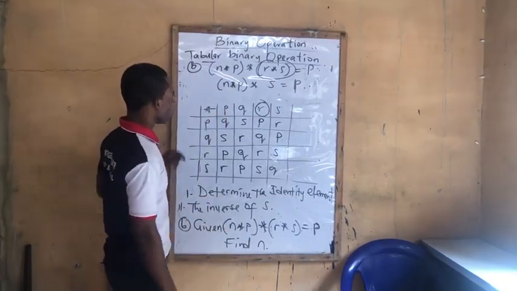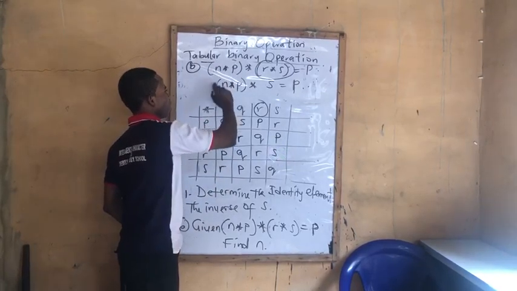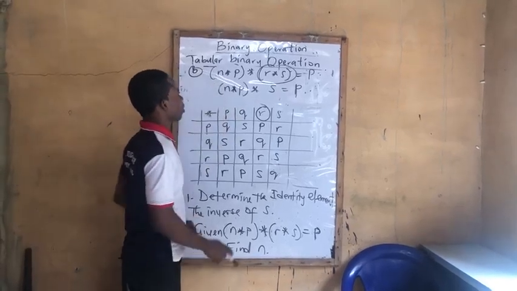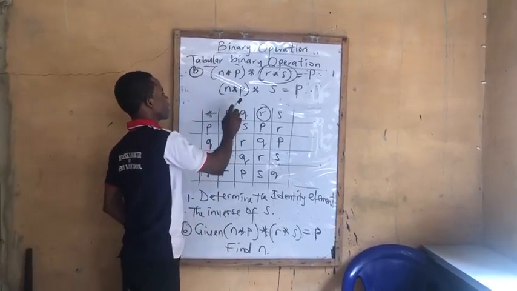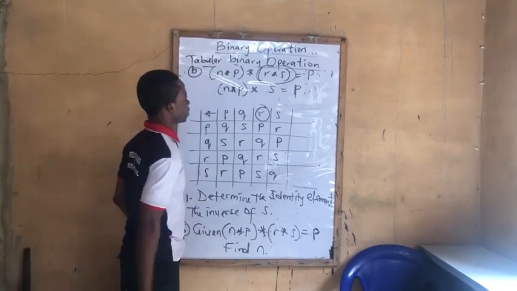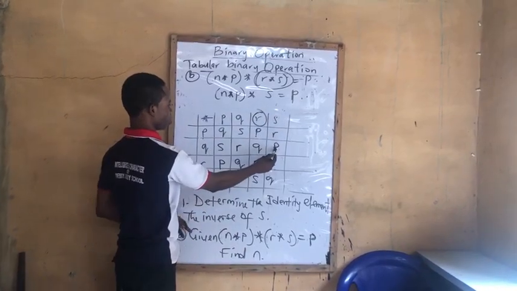Now, let's assume that N asterisk P is just one letter. If this is just one letter, what are we going to use against X that will give us P?